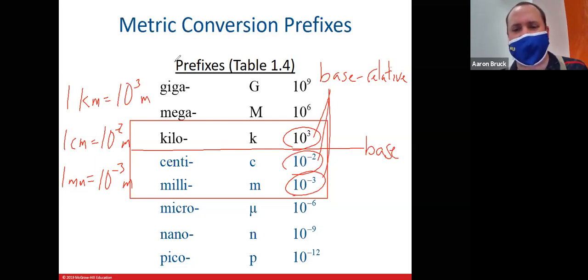When we discuss any kind of conversions involving the metric system and the base units, we can always keep these kinds of ideas in mind.